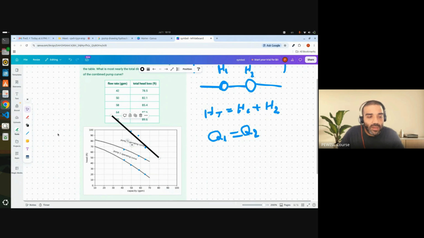So let's plot the head loss. At 42, it is around 80. So for this first point, it's here. At 50, it is 82. So the slope is much smaller.